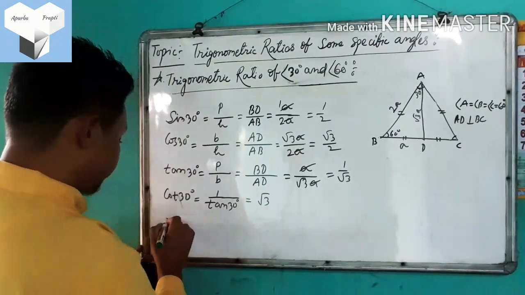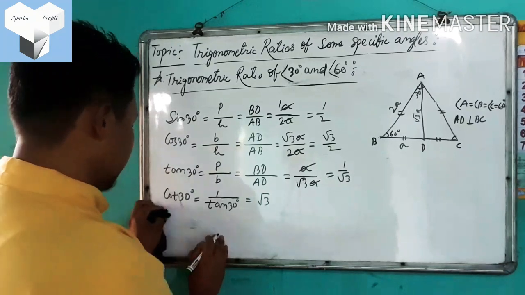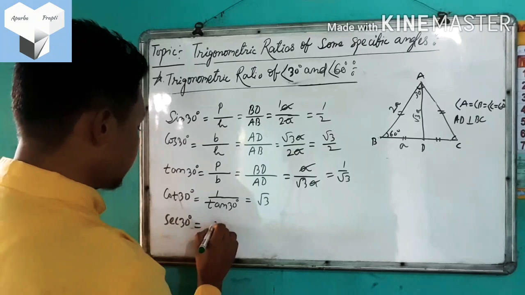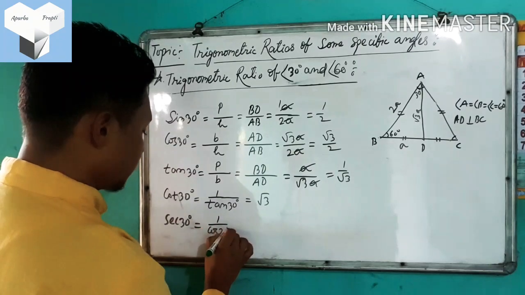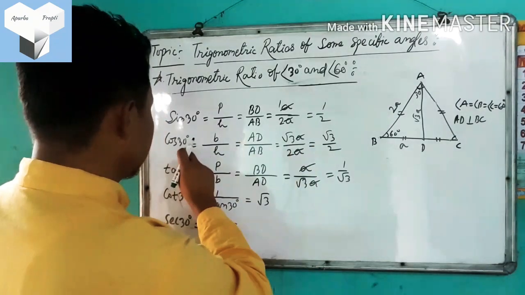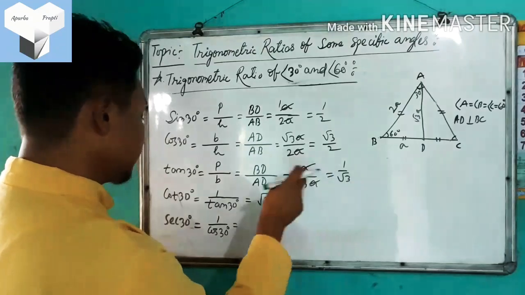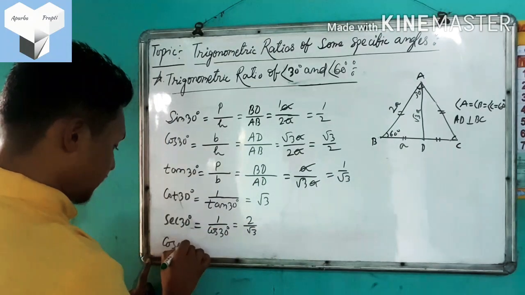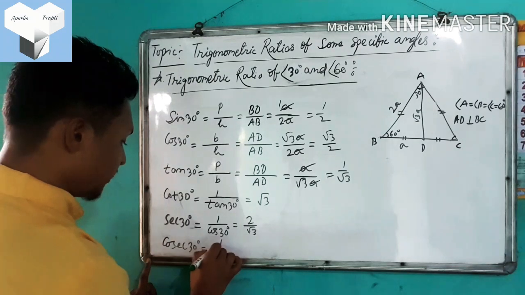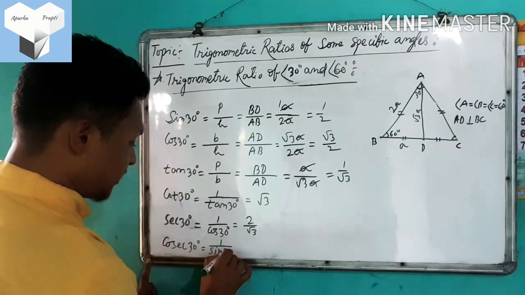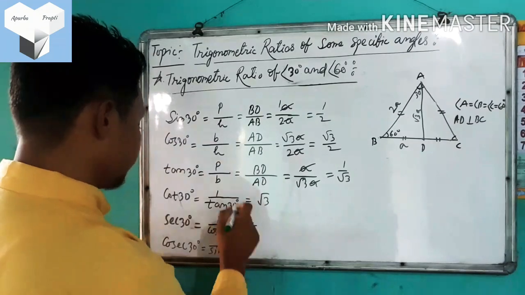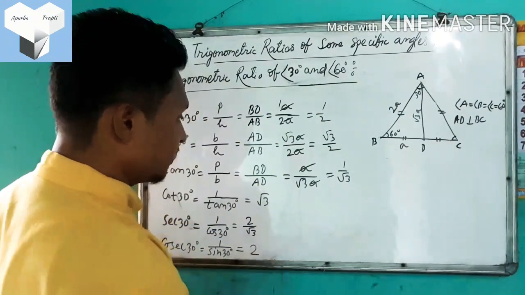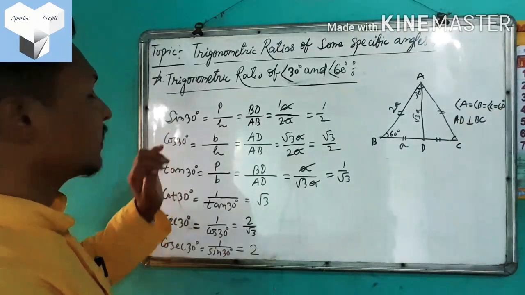Now sec 30 degrees is always the inverse of cos, that is 1 by cos 30 degrees. So cos 30 degrees is root 3 by 2, then when it is inverse, it will be 2 by root 3. Finally cosec 30 degrees is equal to 1 by sin 30 degrees, that is the inverse of sin 30 degrees. It was 1 by 2, then it will be 2 by 1, that means only 2. So these are the trigonometric ratios of angle 30 degrees.